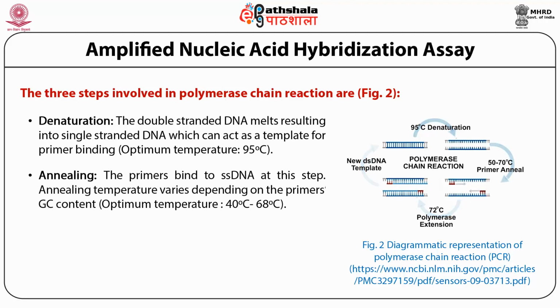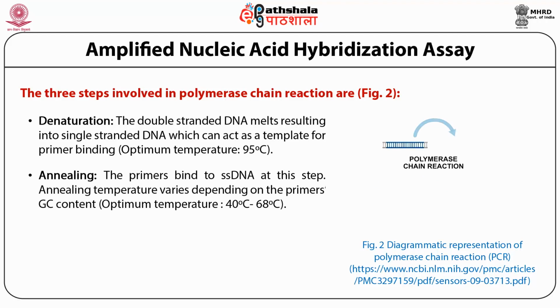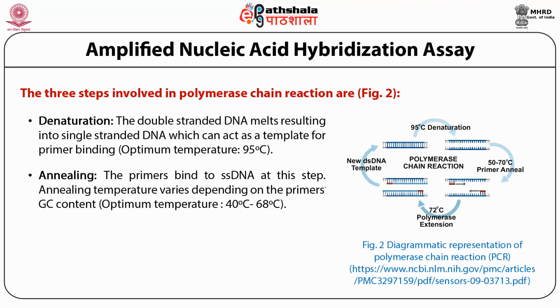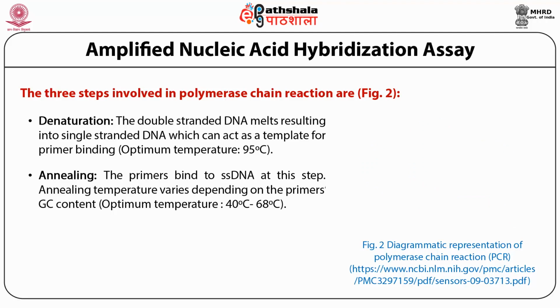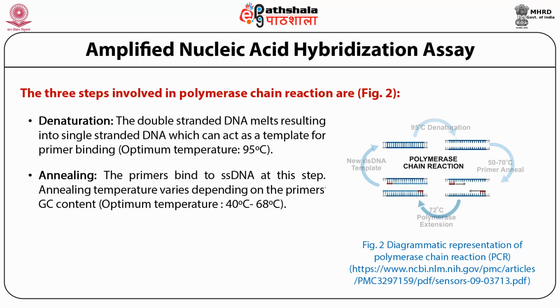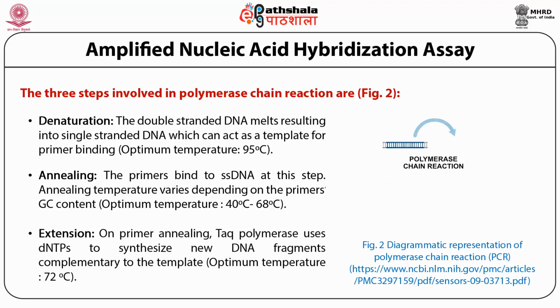Annealing: in this step, the primers bind to the single-stranded DNA. The annealing temperature varies depending upon the primer's GC content. Generally, after denaturation, annealing is performed at 40 degrees Celsius to 68 degrees Celsius depending upon the annealing temperature of the primers. Following this, extension is carried out.